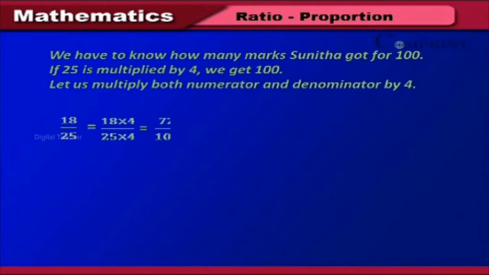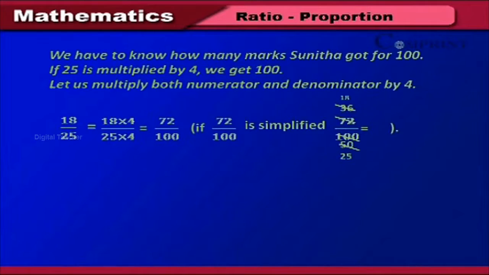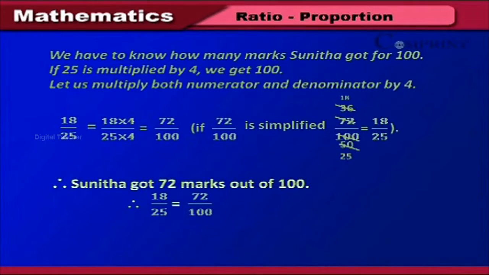If 25 is multiplied by 4, we get 100. Let us multiply both numerator and denominator by 4. 18 by 25 is equal to 18 into 4 by 25 into 4 is equal to 72 by 100. If 72 by 100 is simplified, we get 18 by 25.